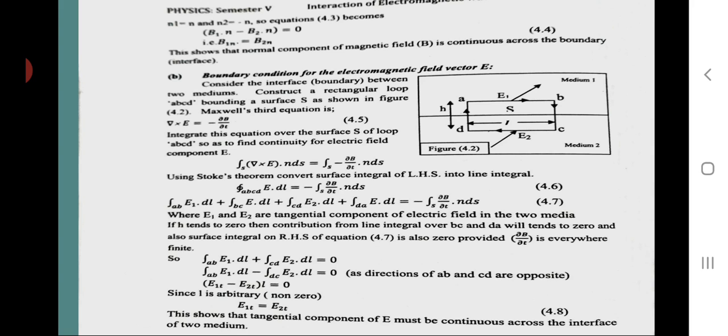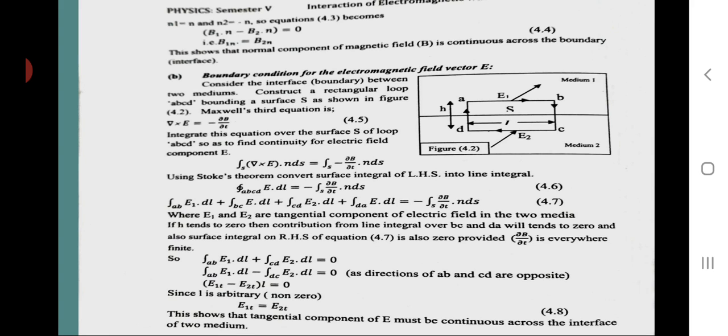Now Maxwell's third equation is curl of E is equal to minus dB by dt. Now integrate this equation over the surface S of loop ABCD so as to find the continuity for the electric field component E. The surface integral of (del cross E) dot n dS is equal to the surface integral of minus dB by dt dot n dS.